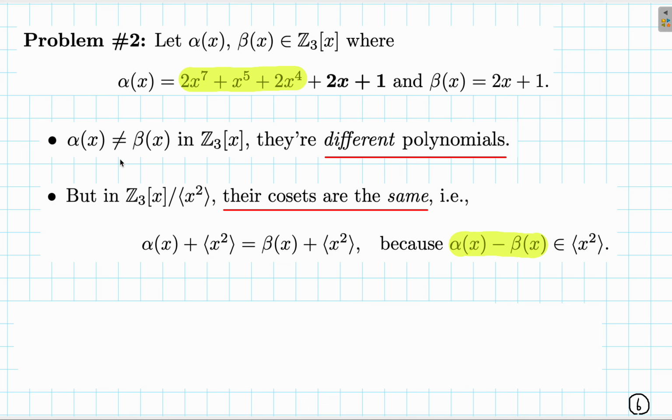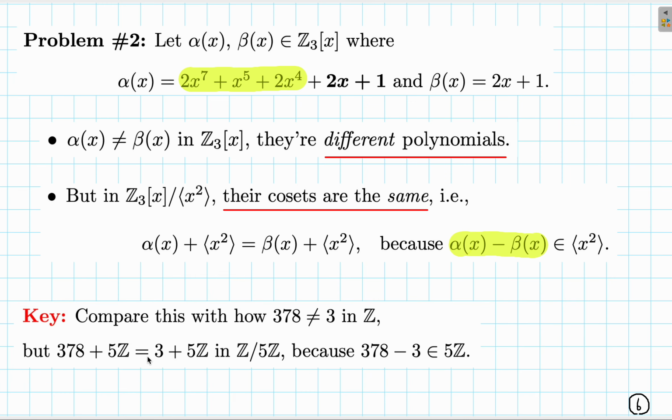So to summarize, even though the polynomials alpha of x and beta of x may be different, the cosets that they generate could still be the same. Now, this is very much analogous to how the integers 378 and 3 are different.